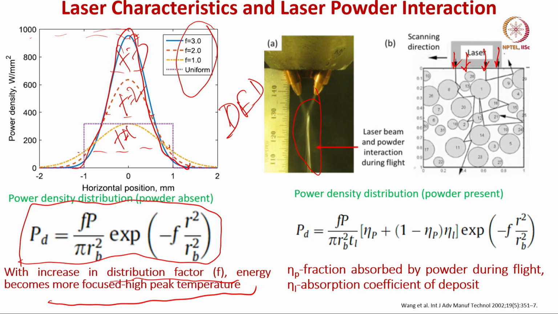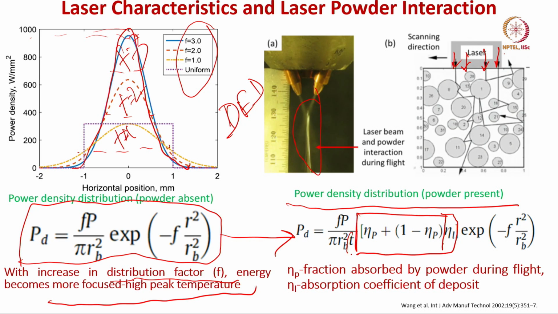Now, the same laser power distribution function in the presence of powders will be modified. If you look at this equation versus this equation, what is the important thing that you notice? It is these particular parameters, and t is also another parameter, that is the time of interaction.